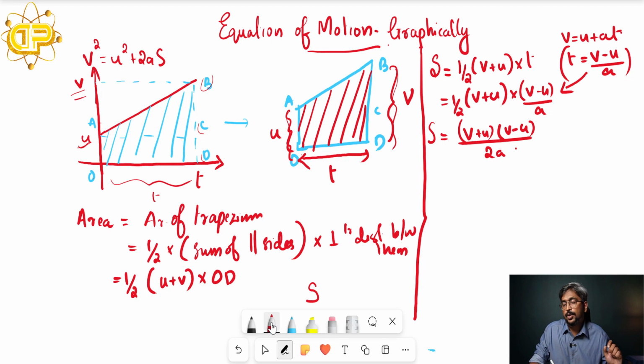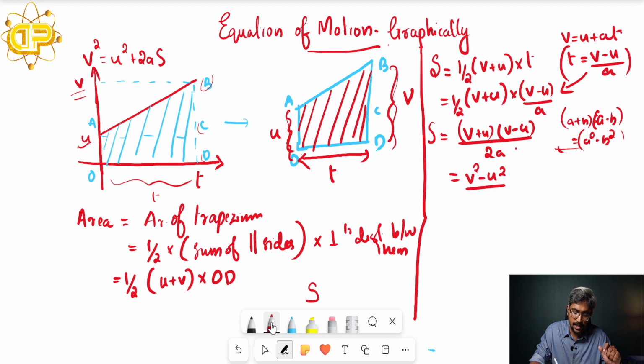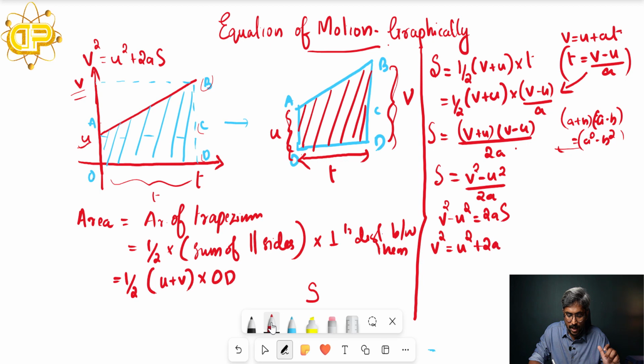A plus B into A minus B is equal to A square minus B square. From this, we can get V square minus U square by 2A is equal to S. From there, rearrange, and you will get V square minus U square is equal to 2AS. From there, V square is equal to U square plus 2AS.